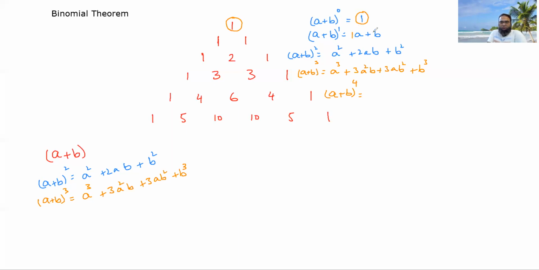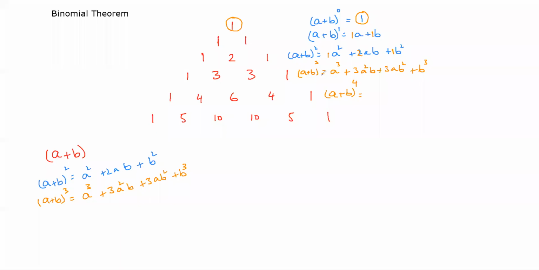This is 1a and this is 1b over here, okay? So you have this 1 and this 1 over here. Similarly, if you look at this a square plus 2ab plus b square, this is quite interesting. You see this coefficient is 1 here, this is 2 over here, and there is a 1 over here, okay? This is 1, 2, 1.